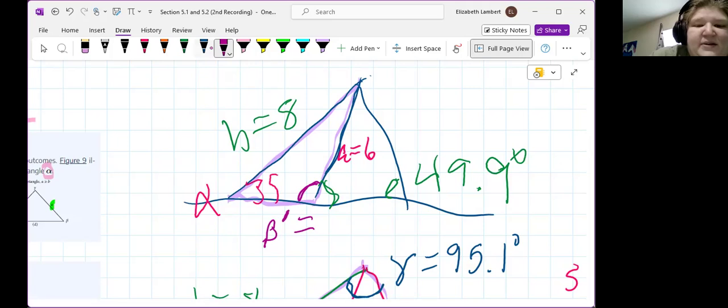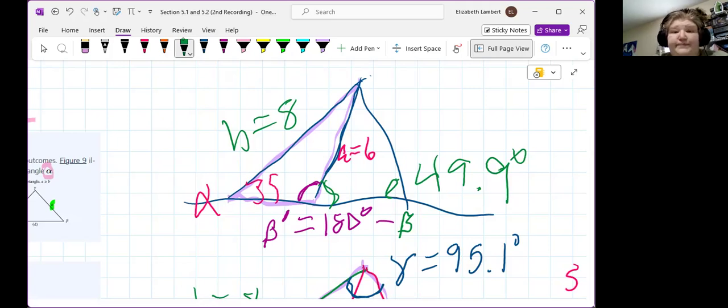That beta, the measure is going to be 180 degrees minus the beta we got in our big triangle. So we're going to find this new beta prime. Once we have the new beta prime, we can find our new angle up here. Remember, this is gamma.